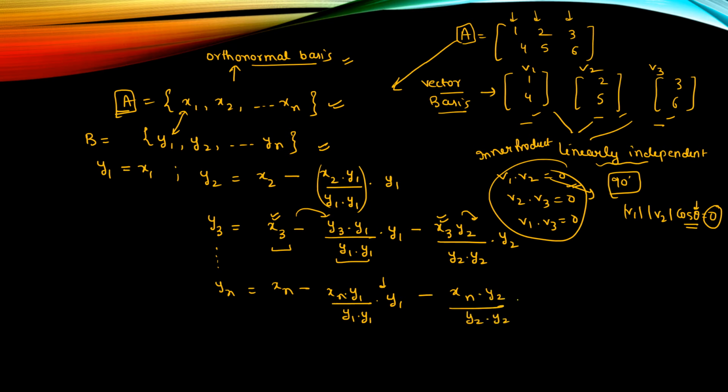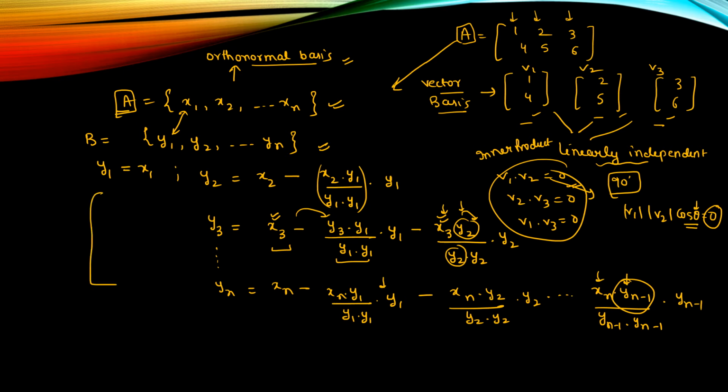And then at last you will have xn dot yn minus 1. So see, if it is x3, it is y2, one less than it. So xn dot yn minus 1 divided by yn minus 1 dot yn minus 1, times yn minus 1.